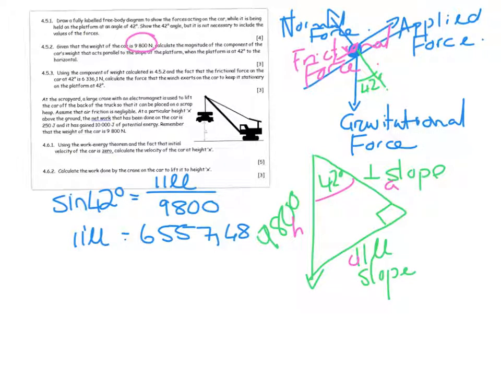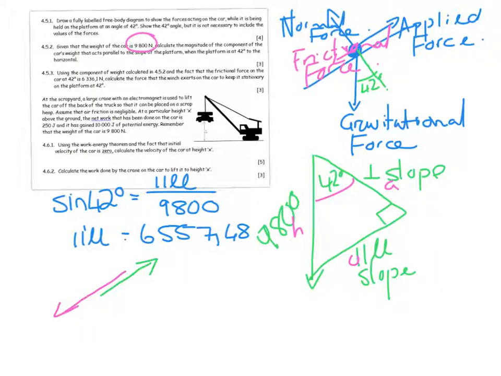So if we now are asked to find, using the component and the fact that the frictional force is given, calculate the force that the winch has to exert on the car to keep it stationary on the platform. So what I can see quite clearly is friction is less than that weight. So the weight is coming down the slope, and therefore the friction must be acting against that weight.